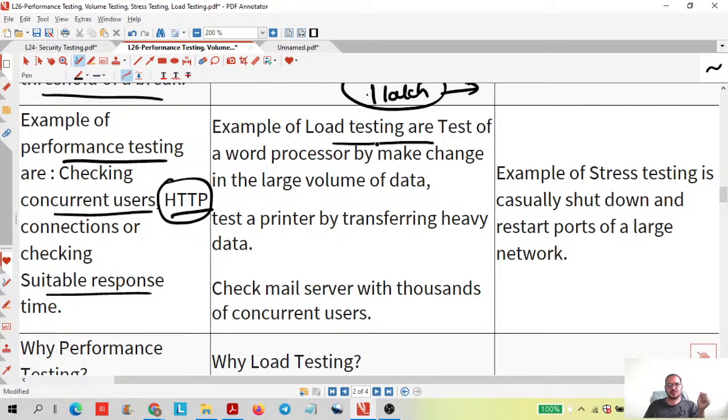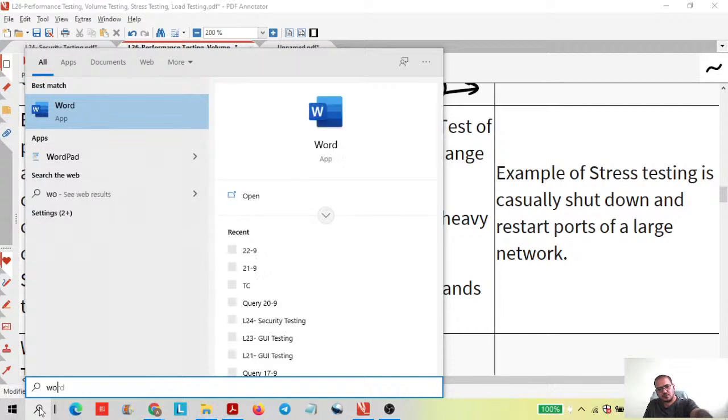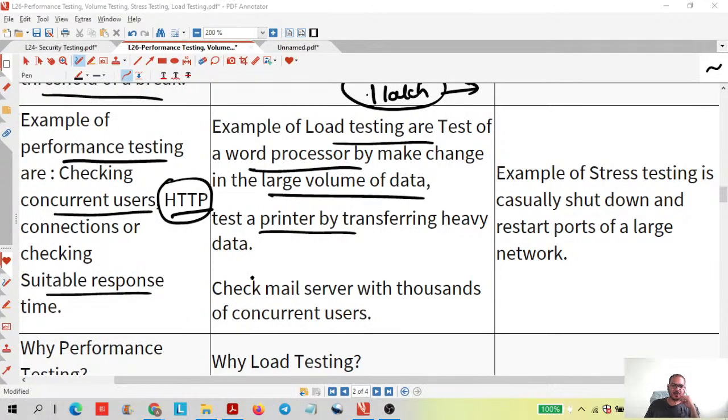Then the load testing, or the test of a word processor by making a large volume of data change. Like testing a printer. A general example is WordPad.